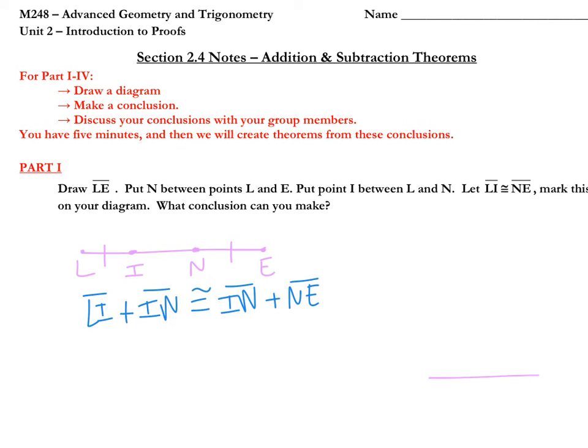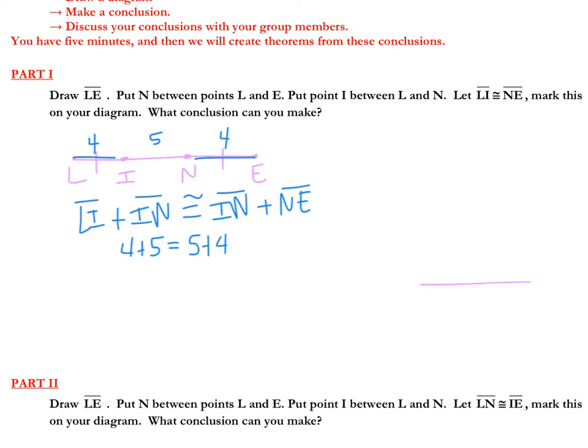The reason being, if these two are congruent, let's assign them a number, let's say 4, and IN is 5, well, no matter what, if we add the same segment to a congruent segment, it's going to be congruent, right? Because 4 plus 5 equals 5 plus 4. So that is actually one of our theorems.